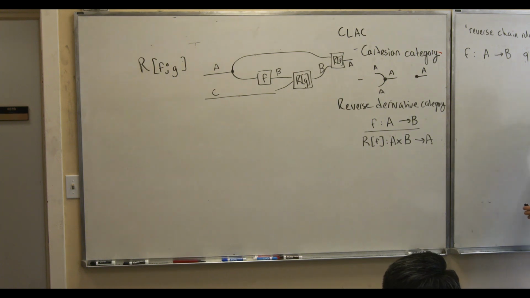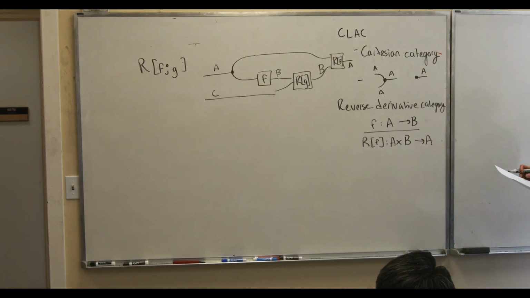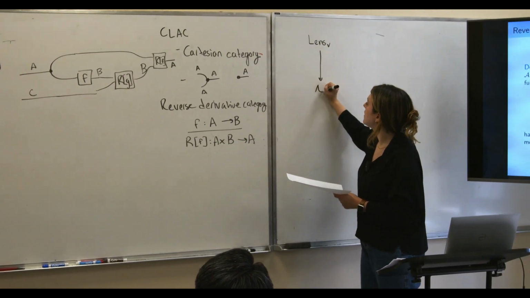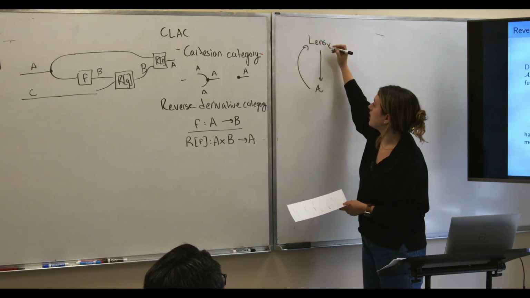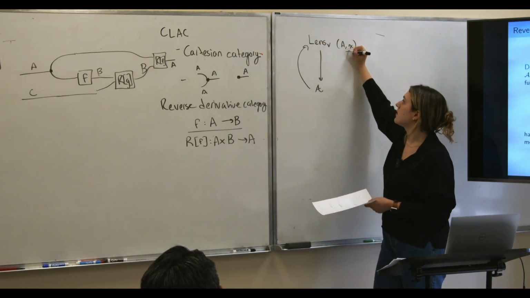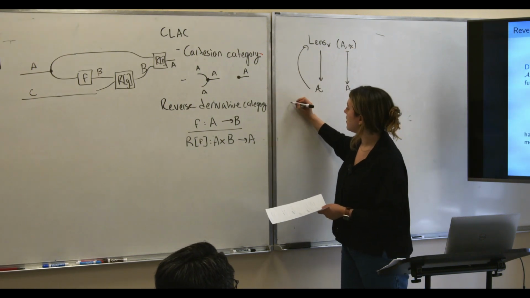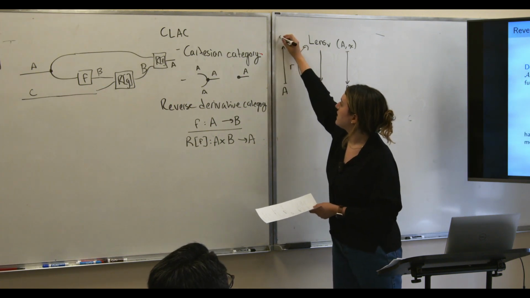Something that you can show, and I know one direction of this was shown in the RDC paper, and the other direction is not hard, so I think the other direction was also shown, is that if you have lens V down to a Cartesian category A, if you have this functor that's given by AX maps to A, then the functor R is given by the diagonal.